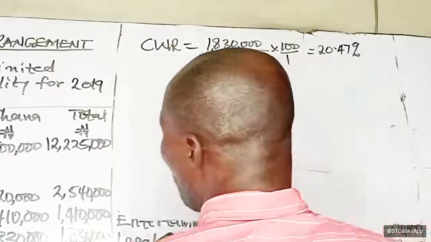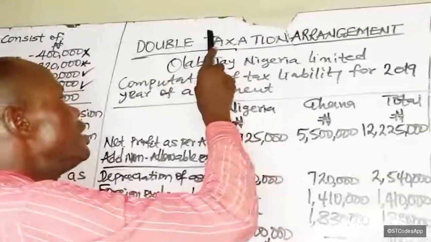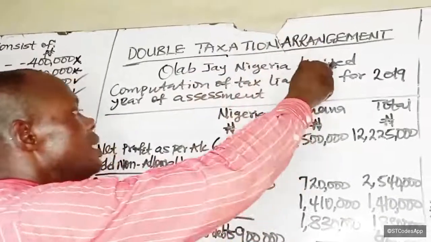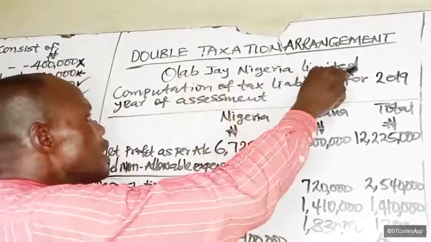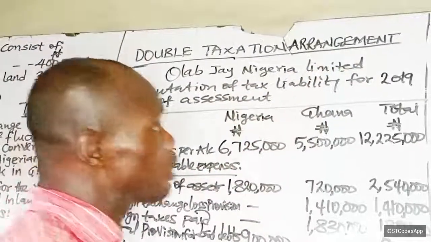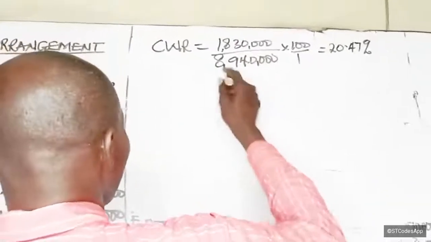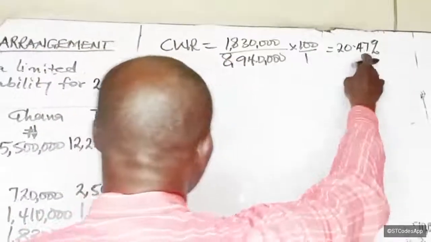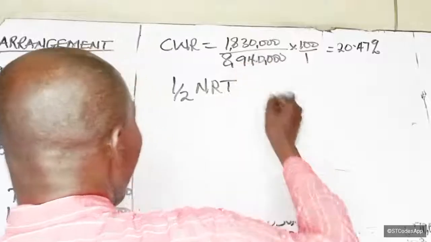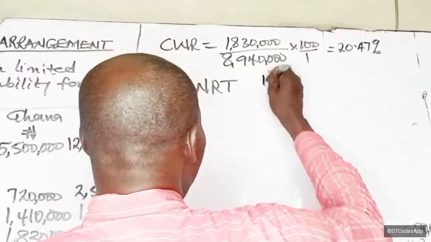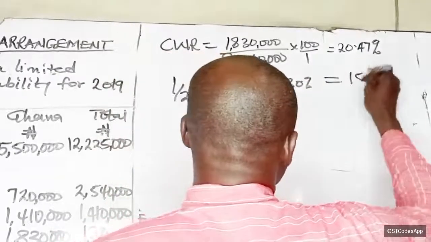20.47%. Remember, the name of the company is Olab J Nigeria Limited. This name alone shows that this company is incorporated in Nigeria. It's a Nigeria company. And I've told you, for a Nigeria company, you are going to compare the Commonwealth rate with half of Nigeria rate of tax. And Nigeria rate of tax is 30%. So half of 30% is 15%.